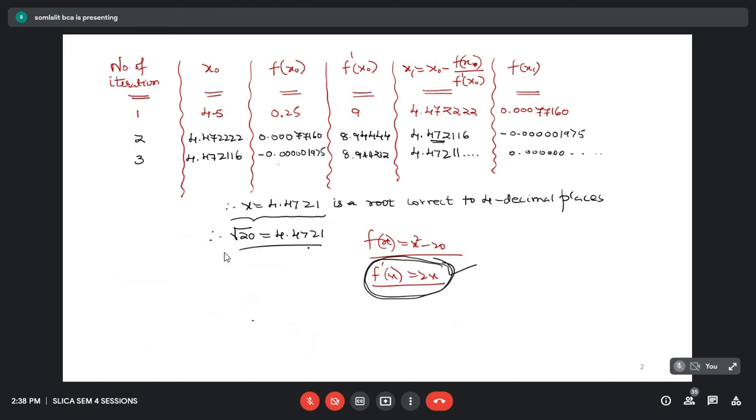This is correct up to 4 decimal places. With the help of a calculator, if you find this directly, you will get the first 4 decimal places equal to this much. You can verify. Find the square root of 20 directly with a calculator, you will get 4.4721. So if you repeat some more iterations, you will get better approximations of root 20.